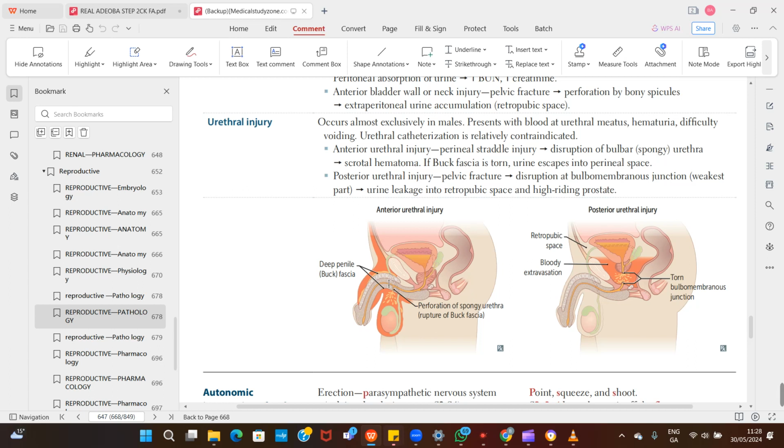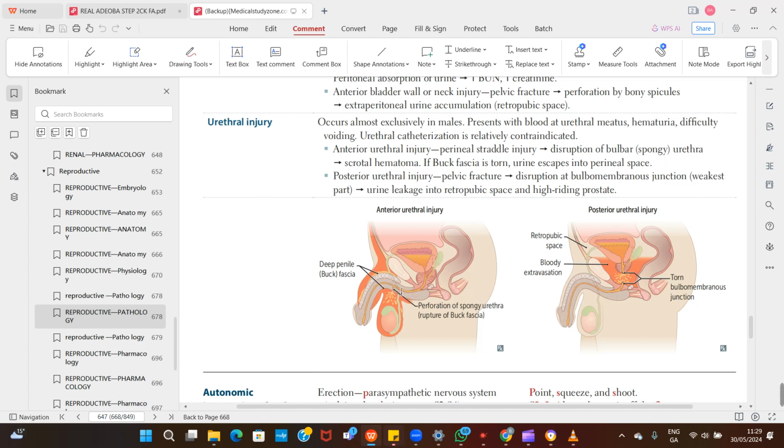The perineum of the person fell on an object. That's like a straddle injury. So that can cause a tear or damage to the anterior urethral component, particularly the penile urethra.